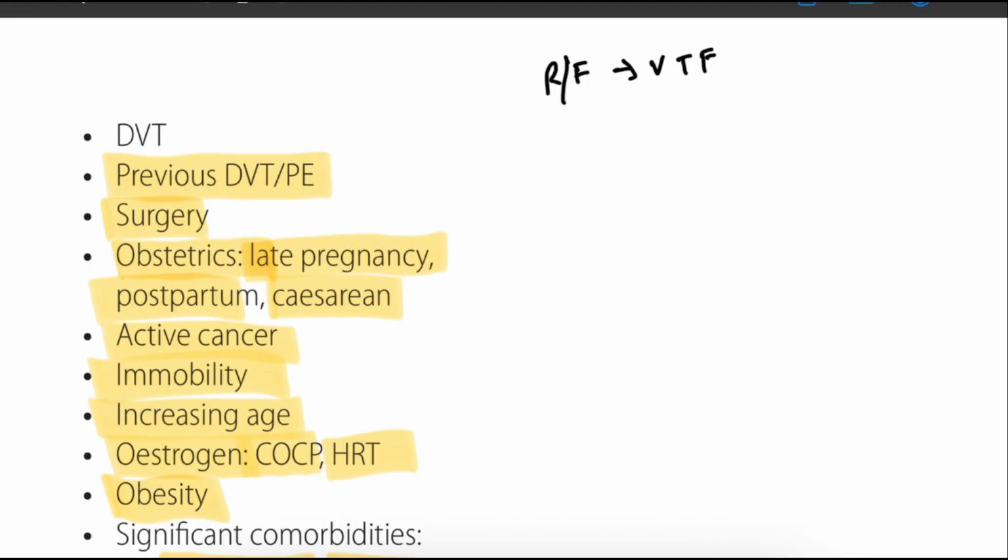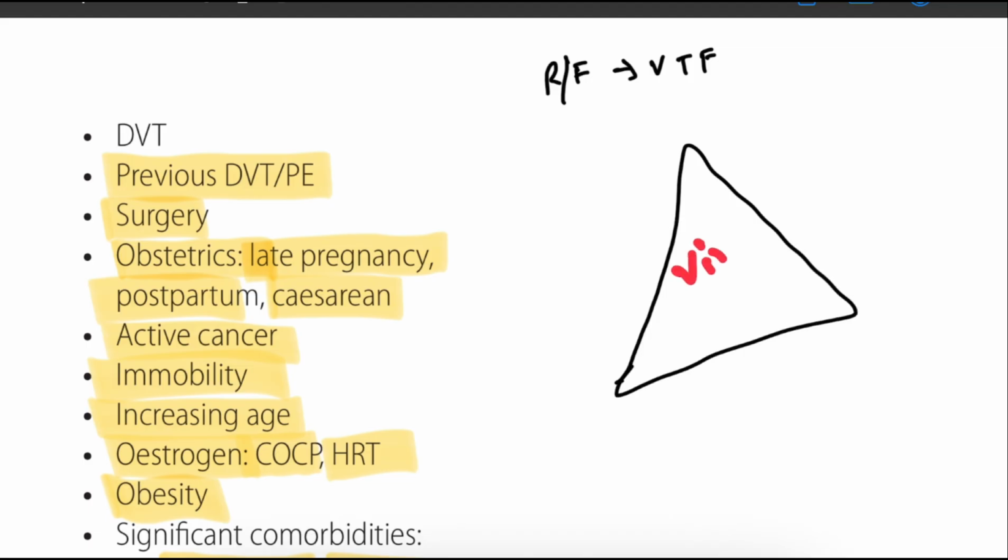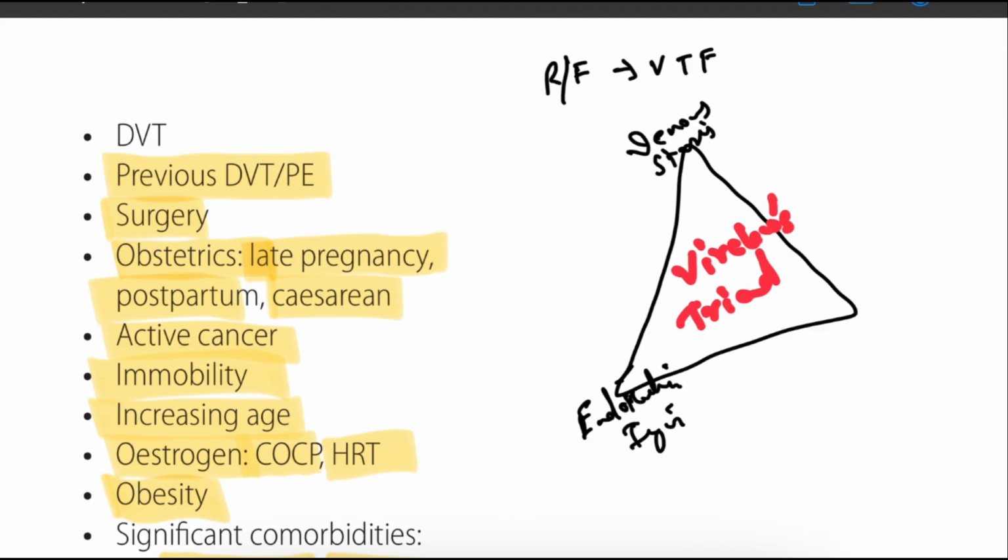Okay, so here we have one triad we call Virchow's triad. In Virchow's triad, we can see venous stasis, endothelial injury, and hypercoagulability. The patient will get venous stasis if the patient is immobilized.